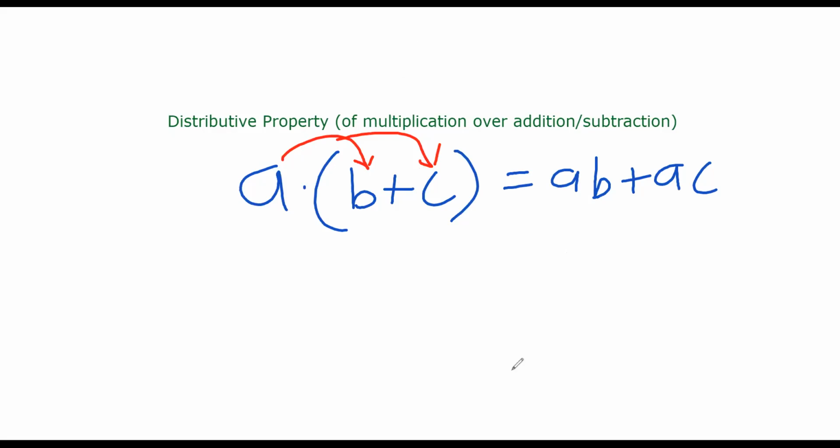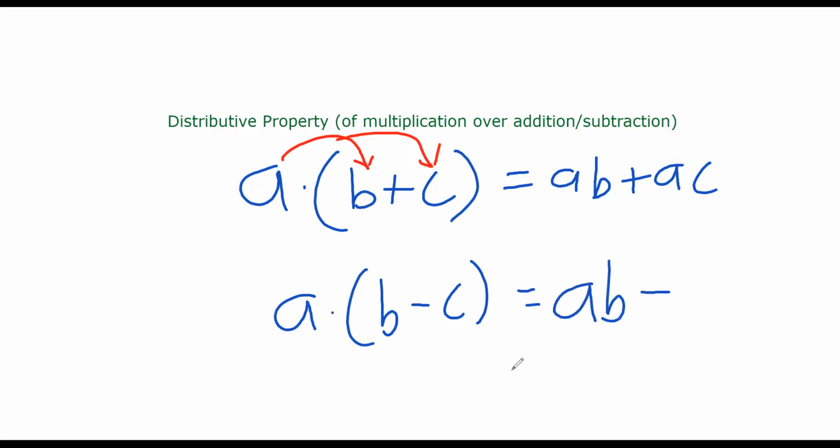And then it's important to note the same thing is true for subtraction. You still multiply the A to the B, but then you do minus the A times the C. So you just match up the sign.